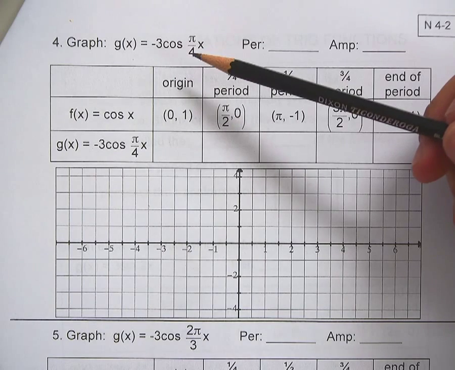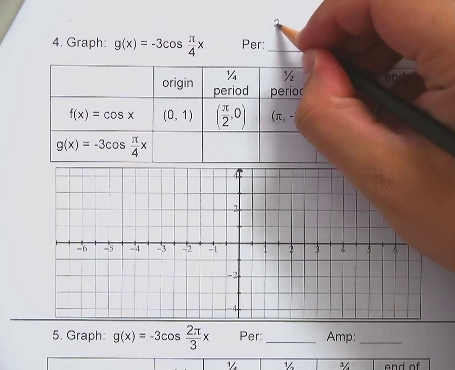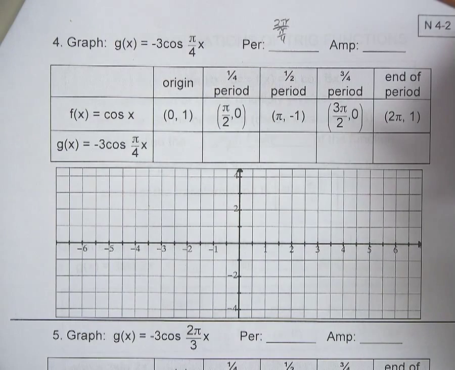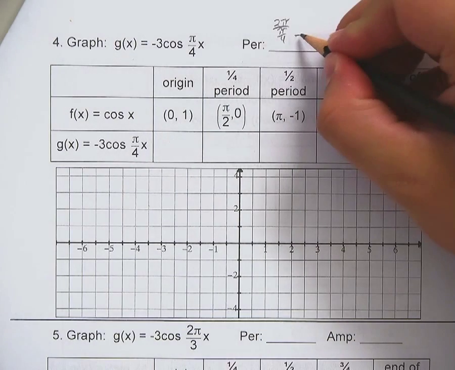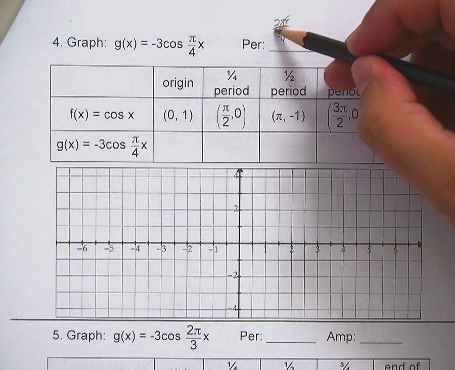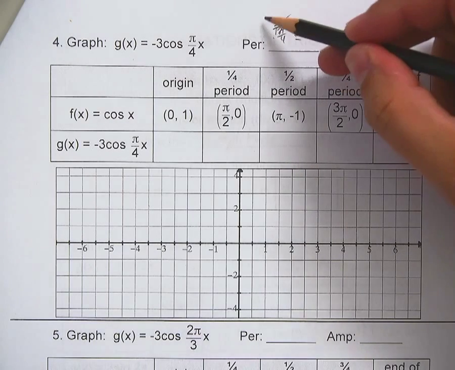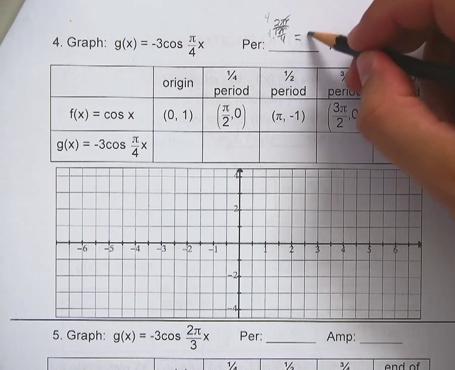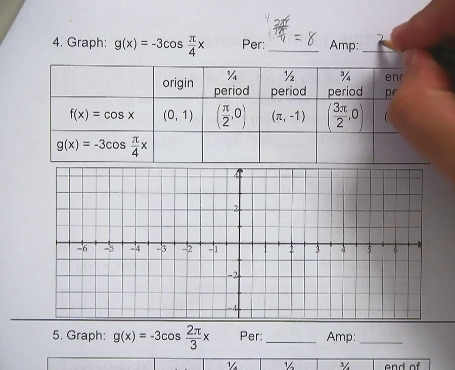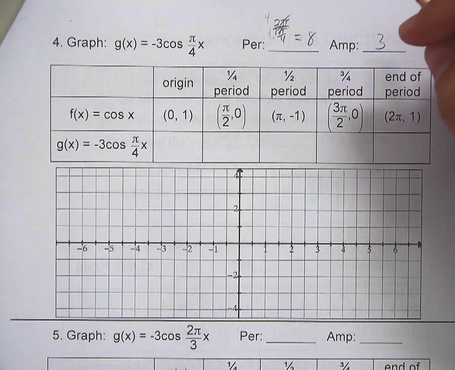This is still a number, so I'm still going to do 2 pi over 4. But this is going to simplify. Your pi's will go away because you're dividing by pi there, and you got 1 over 4 here now. Multiply by 4, and you've got 8. Your period is just 8. Amplitude here is 3. I don't care that it's negative. That'll take care of itself, right?